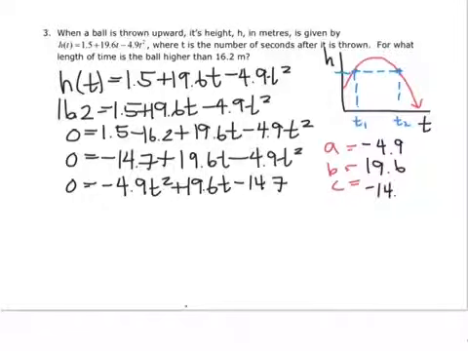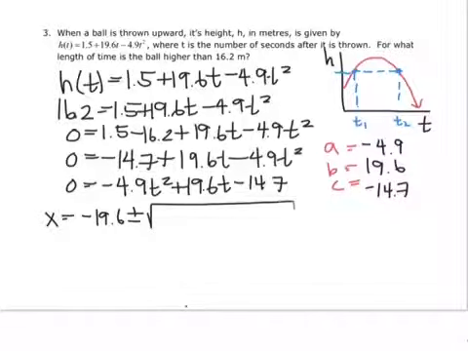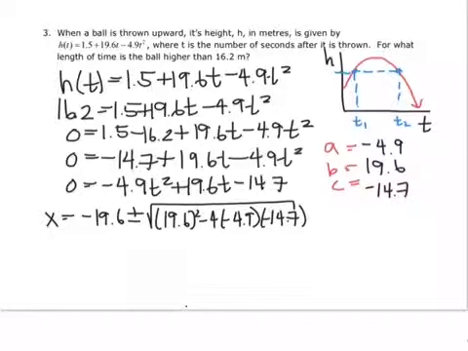So if we plug it into our quadratic formula, we'll have x equals negative b, which is negative 19.6, plus or minus the square root of b squared, which is 19.6 squared, minus 4a, which is negative 4.9, times c, which is negative 14.7, all divided by 2 times a, which is negative 4.9.